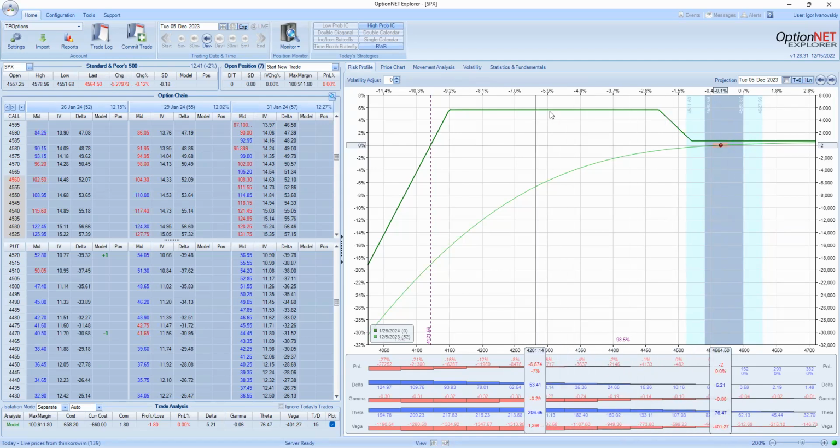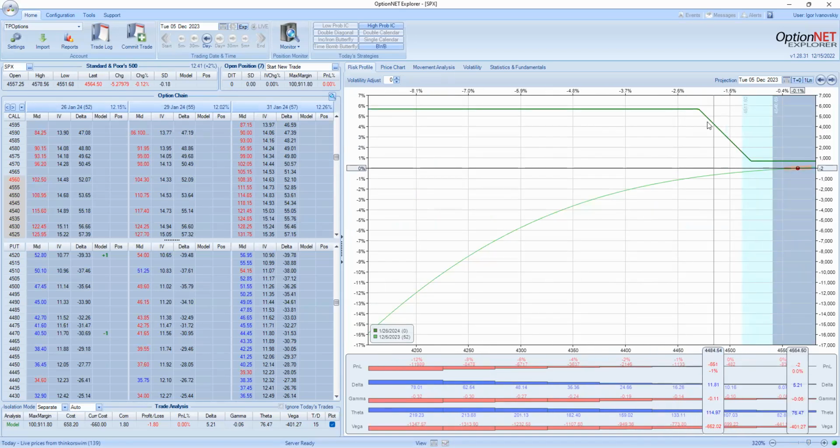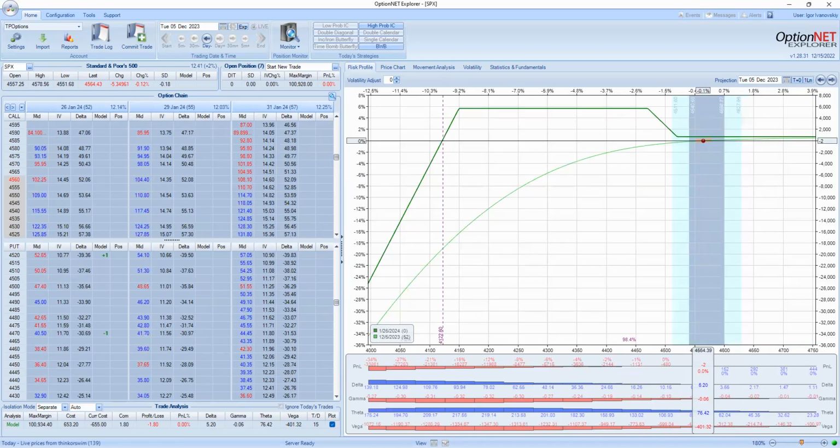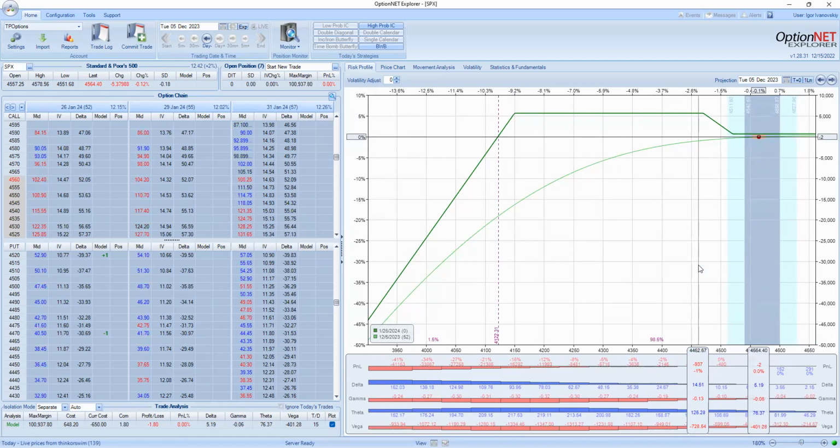This trade in the trap has a max potential profit of $5,000 plus $680, so we can call this about $5,600 or $5,700. And then the worst case here is if the market tanks and we have to stop out.